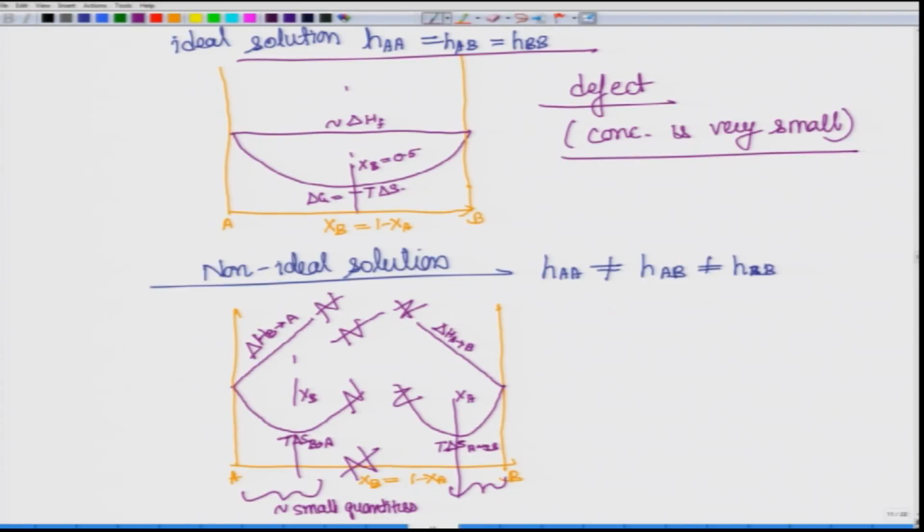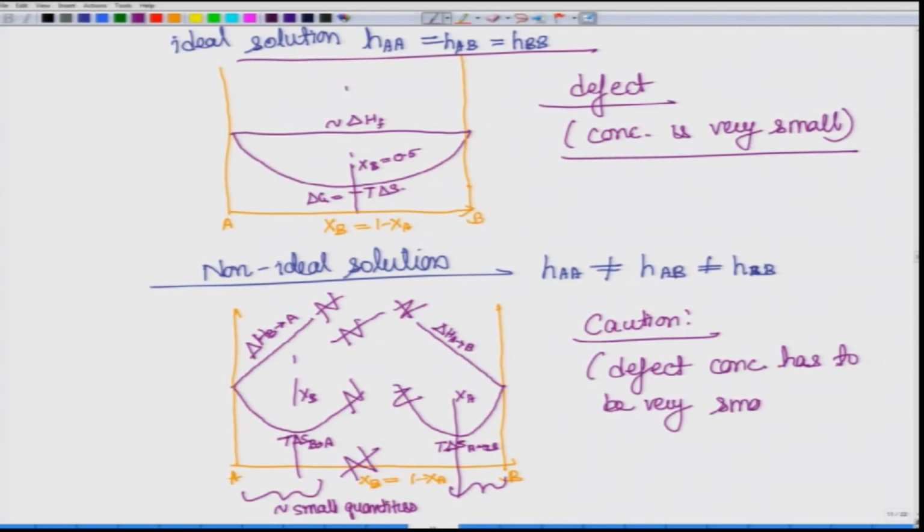Anyhow, like I said last time, you have to maintain a caution that when we are dealing with defects as a solution, you have to remember that defect concentration has to be very small.